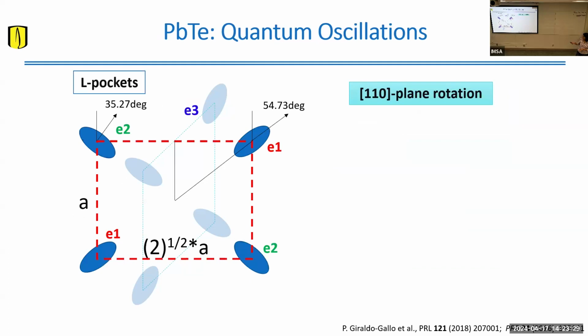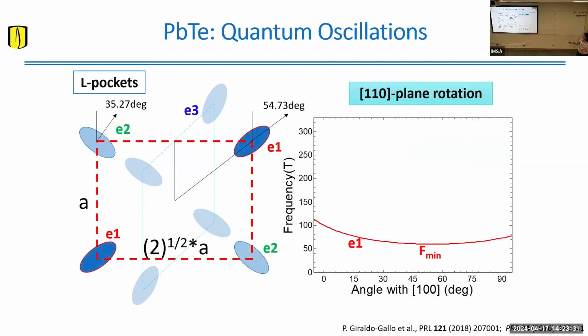This was a predicted Fermi surface, and this is the evolution. These two pockets, if you orient the field along some plane, and you start from 0 here and then rotate, you will expect that these pockets will give you an evolution of the cross-sectional area that goes like this, meaning that around 54 degrees, you will have the minimum cross-sectional area for these pockets.